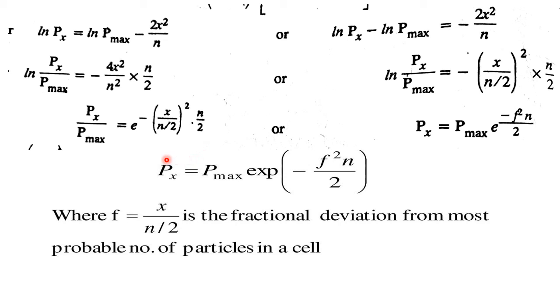Or we can replace the equation as px is equal to p maximum exponential of minus f square n divided by 2, whereas f stands for x divided by n upon 2, which is basically the fractional deviation from the most probable number of particles in a cell. This is how we calculate the probability of the deviated state, which is denoted by px. Now I hope it is clear how we calculate the deviation from the most probable state.